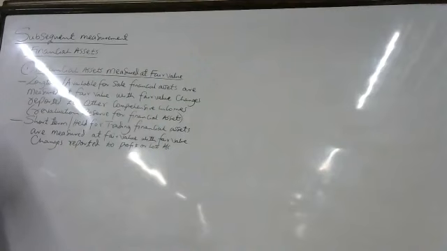When you have excess cash, you acquire short-term marketable securities because there is surplus cash. Then when in need of cash, you sell them. That is a way of managing cash in financial management.